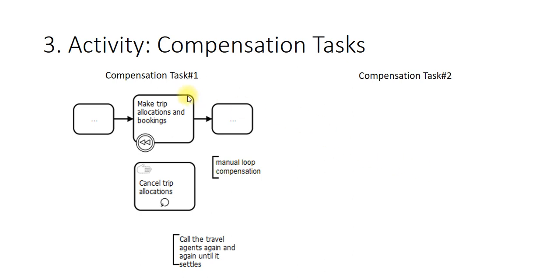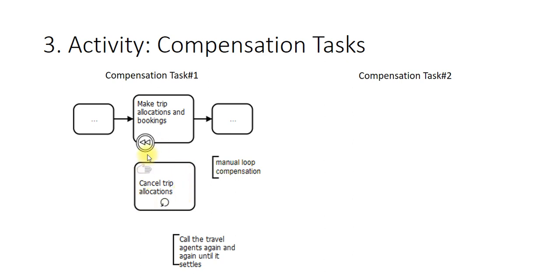Let us take an example here, compensation task 1, which is about making trip allocations and booking. The only catch is that if a consensus is reached between members not to proceed with the trip, then the compensation task kicks in, and just below the compensation icon it says cancel trip allocations.